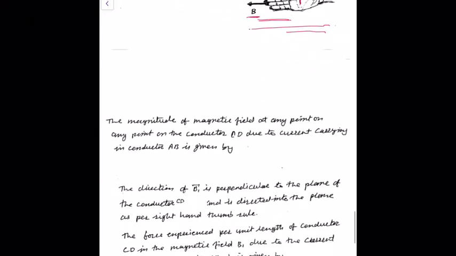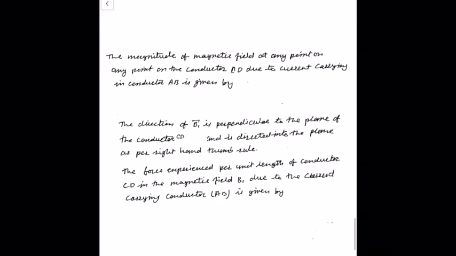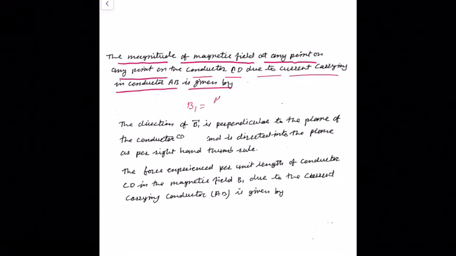So next, the magnitude of magnetic field at any point on the conductor CD due to current in the conductor AB is given by B1 is equal to mu naught upon 4 pi into 2I1 upon D. It is equation 4.